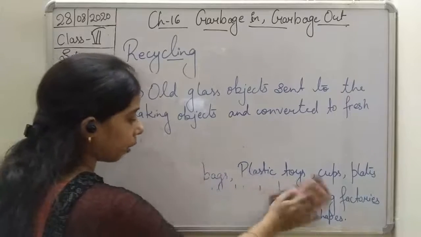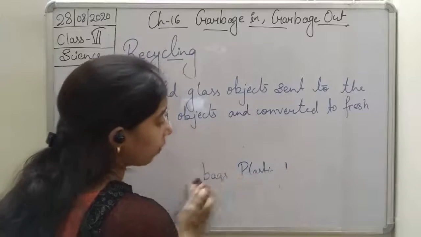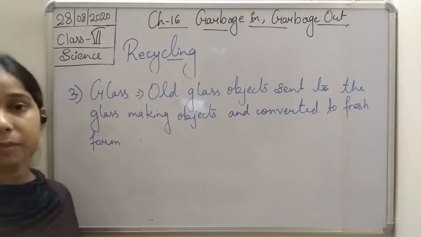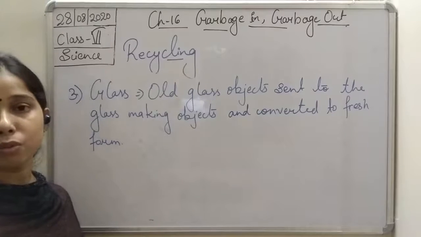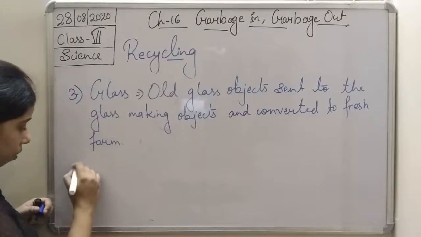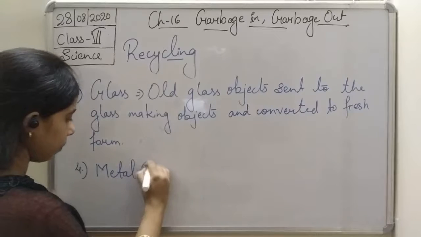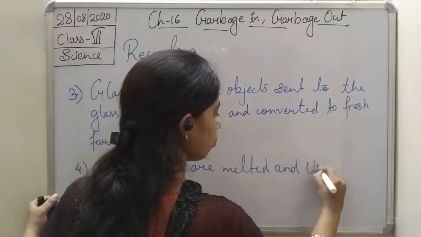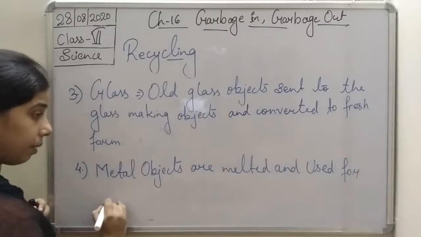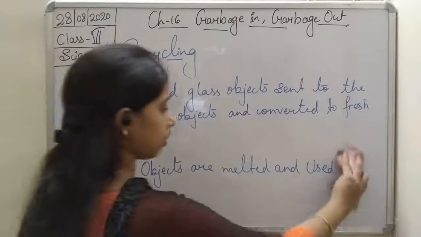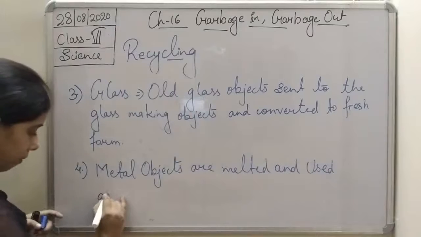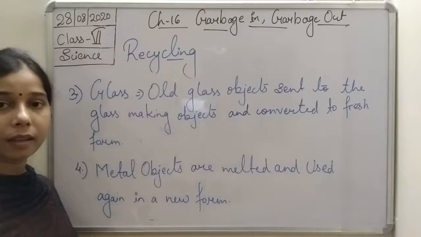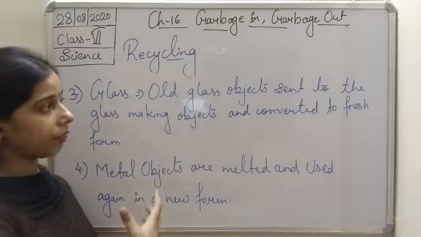We take all the different kinds of metals present at our home which are old and not in use, and send them to the metal processing factory where these metals are melted and used again in a new form for making different objects. Such a thing is what we call recycling.